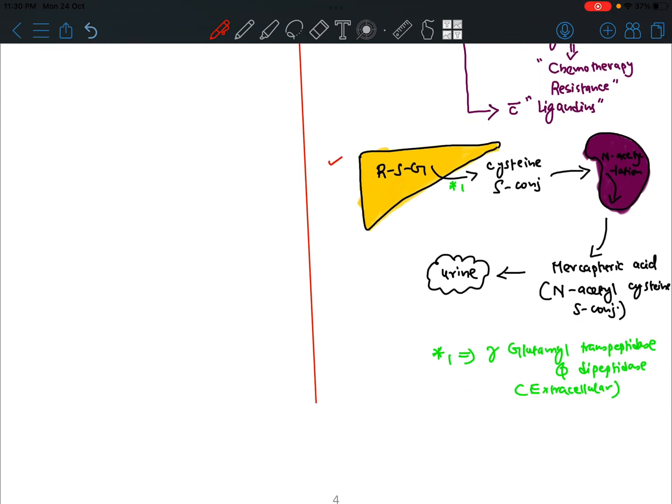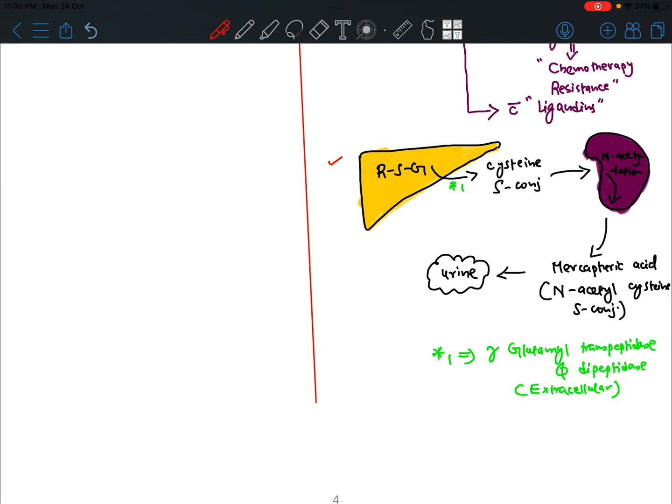So GSH, apart from this conjugation, also helps in many other things. You have learned it. It maintains the sulfhydryl SH groups of enzymes in reduced state, so it acts as an intracellular reductant and antioxidant. You have also read this in the Meister cycle, amino acid transport.